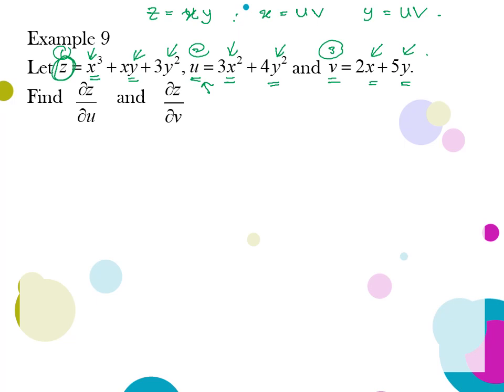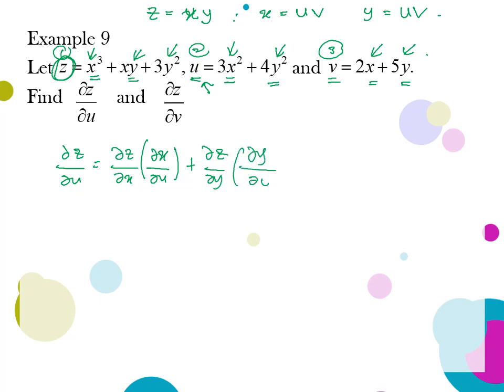Alright, so for this one, the steps will be a little bit longer because you need to apply the chain rule in order to find del z del u, where del z del u is equivalent to del z del x multiplied with del x del u plus del z del y multiplied with del y del u. So you will get del z del u.